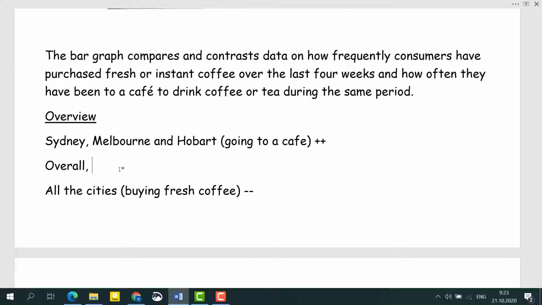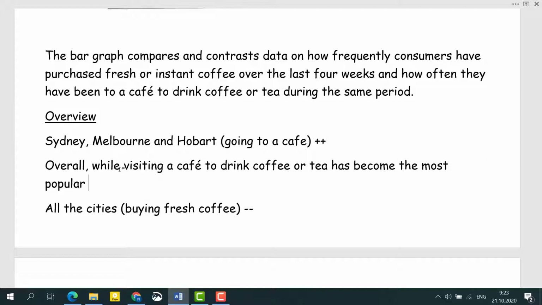Overall, while visiting a cafe to drink coffee or tea has become the most popular in Sydney, Melbourne, and Hobart.